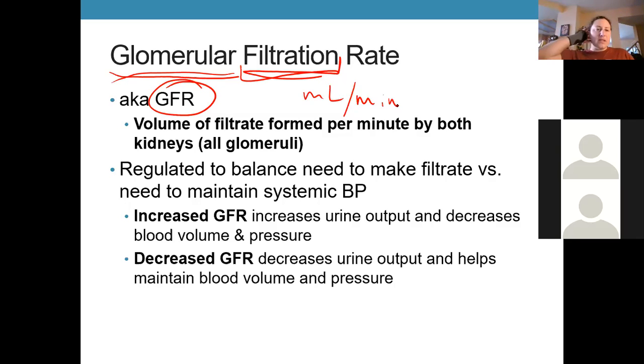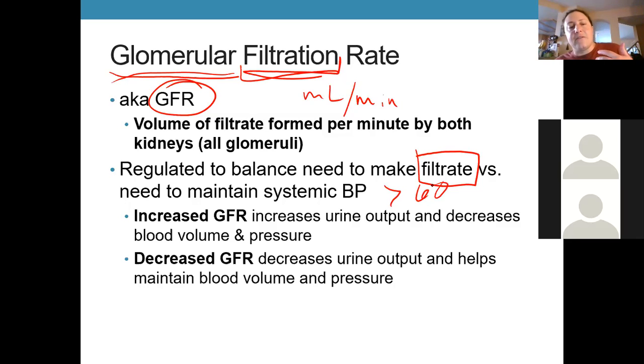Okay, so this can get adjusted as needed to balance these two opposing needs: the need to make urine by filtering, so filtrate is what we call the fluid once it's filtered out, versus the need to maintain a systemic blood pressure of over 60 millimeters of mercury.